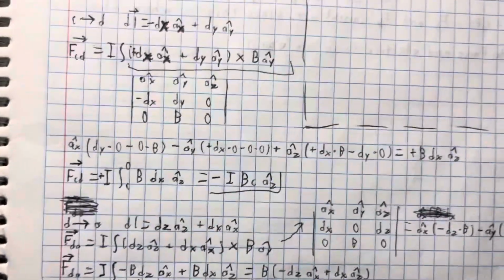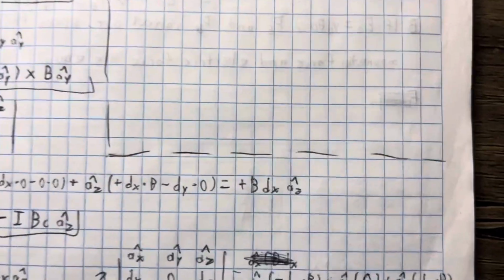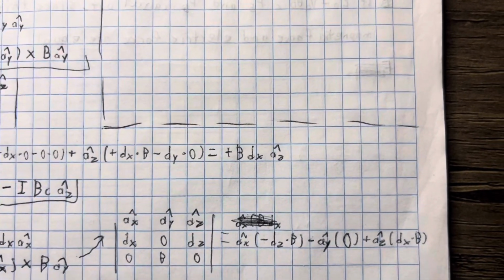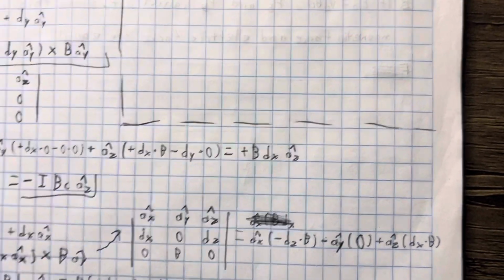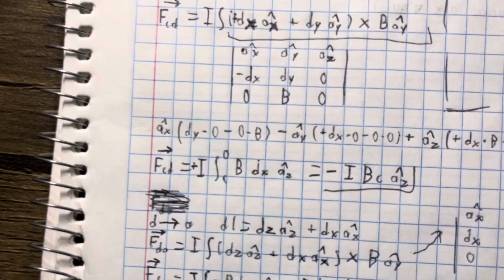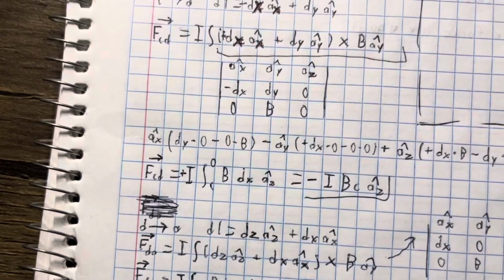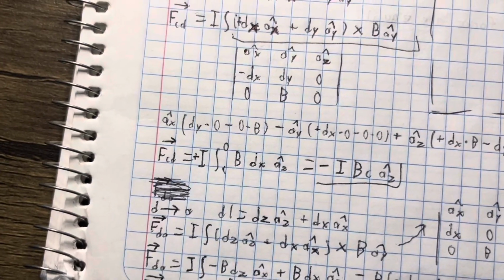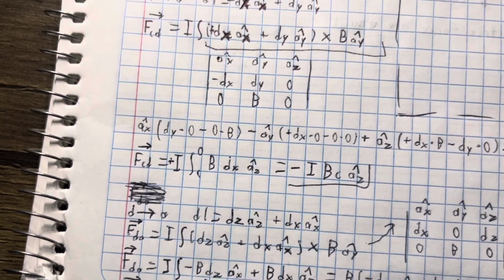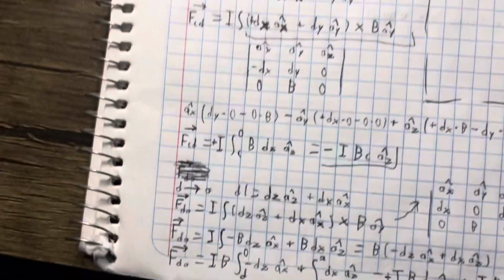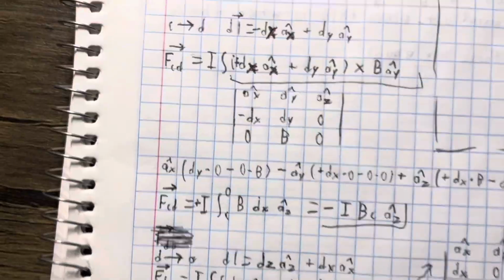So when performing this whole cross product, we get this final cross product between the differential of line and the magnetic field. Replacing that, we do the same as before and just make the integral, and this will give us a negative value because, as we can see, it goes from c to 0.